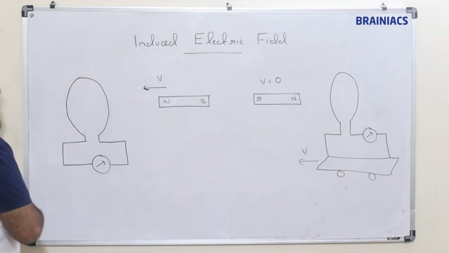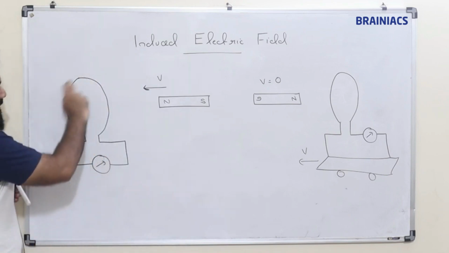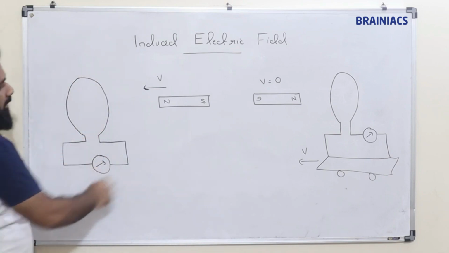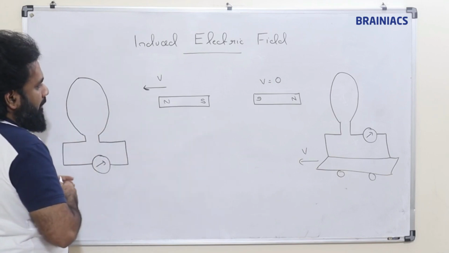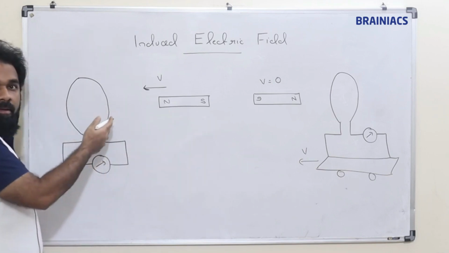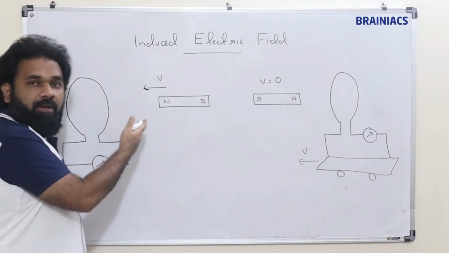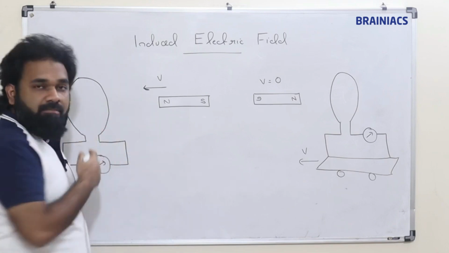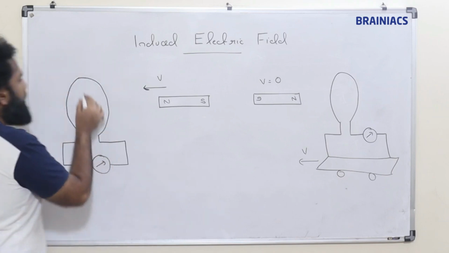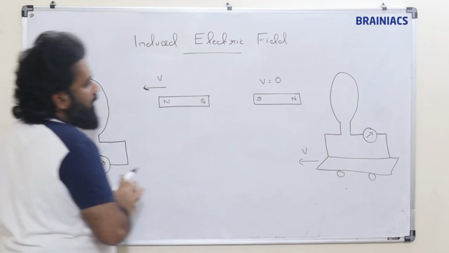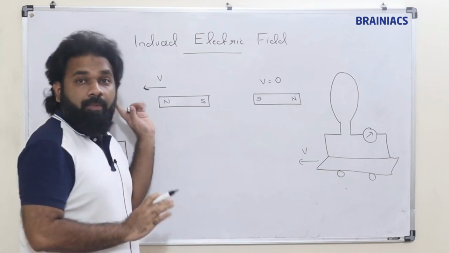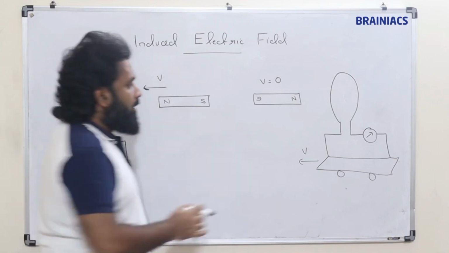Suppose this is a coil and a galvanometer, and a magnet is moving towards it. Obviously there will be a change in magnetic field, a change in magnetic flux, and there will be current and EMF, so there will be an electric field also.